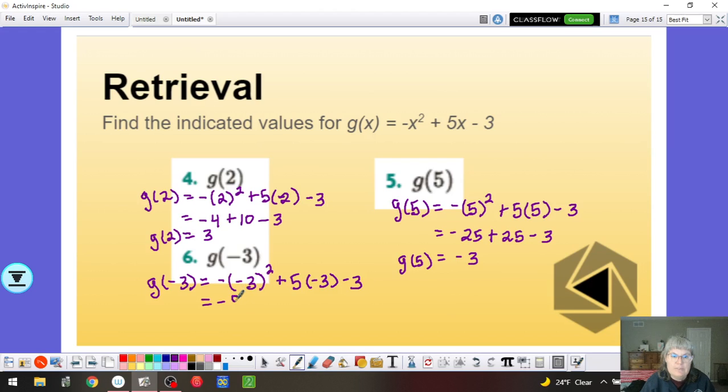Negative 3 squared is 9. 5 times negative 3 is negative 15. Subtract 3. Negative 9 subtract 15 is negative 24. Subtract 3 is negative 27. So g of negative 3 is negative 27. And this is the end of lesson 4 of Unit 2.